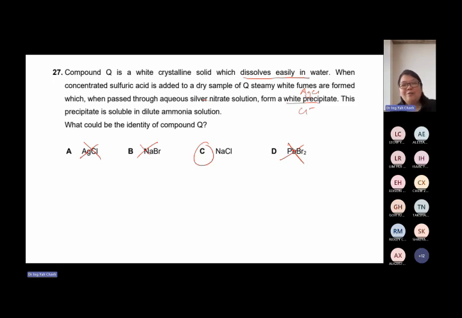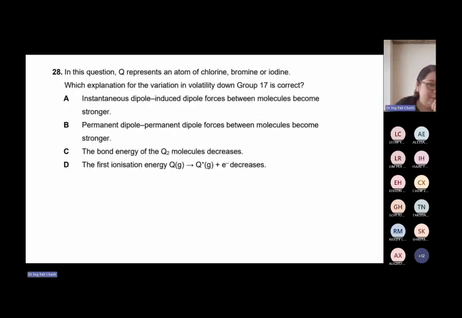Then you're like, oh, now I remember it's silver chloride because it is soluble in ammonia solution. So can you see the difference between people who can get the answer here and the people who can only get the answer at the last line? It's about how many seconds you can save compared to other people.